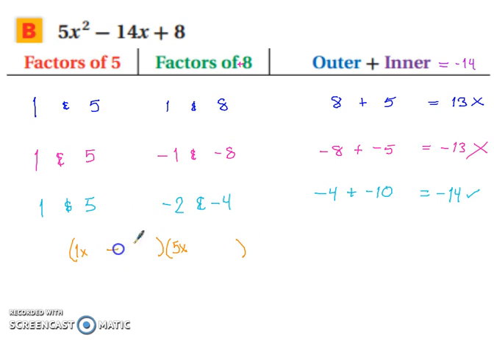So we have a minus 2 and a minus 4. You can always double check. So x times 5x is 5x squared. Then we have minus 4x minus 10x, giving us our negative 14x. And then we have negative 2 times negative 4, which gives us our positive 8. So yep, if we multiply it out, we go back to what we started with.